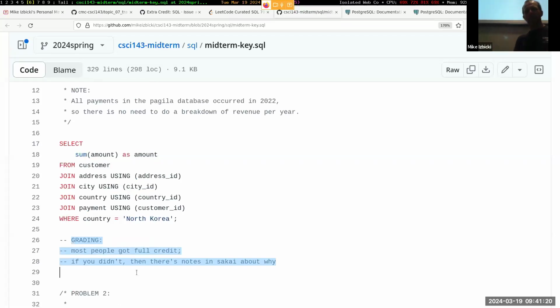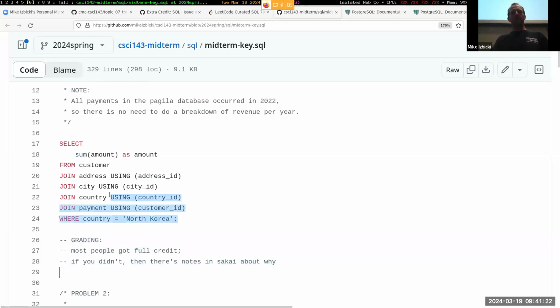So this first problem here is definitely the easiest of the 4 problems. Most people did fairly well on this problem. There were no common mistakes for people who did miss points, so I don't have a detailed grading note down here, but if you do have questions about anything about your grade, I'm happy to go over those with you during office hours or after class or any other time.